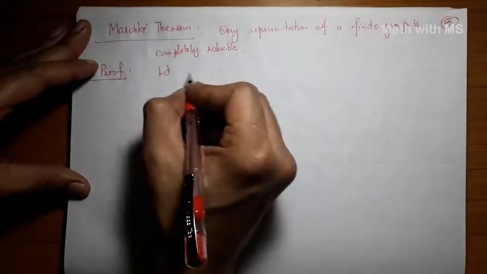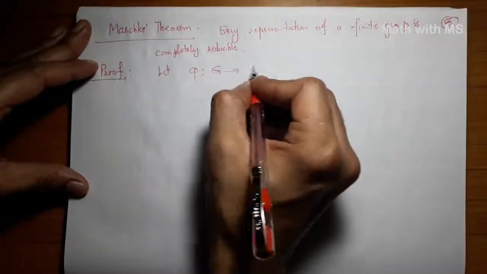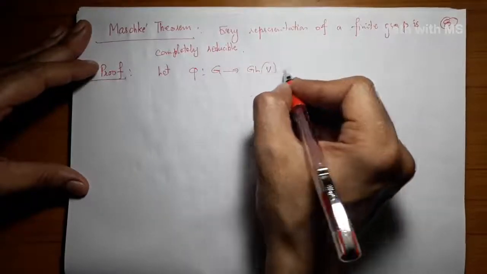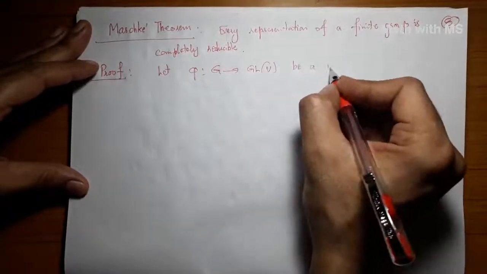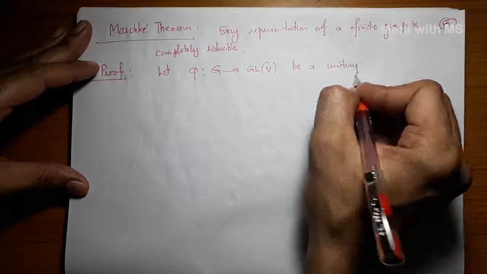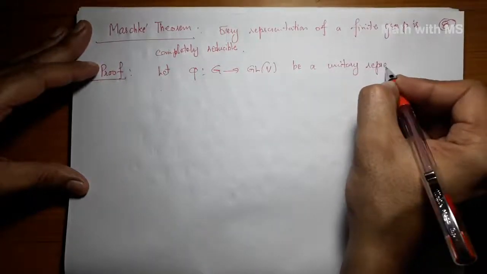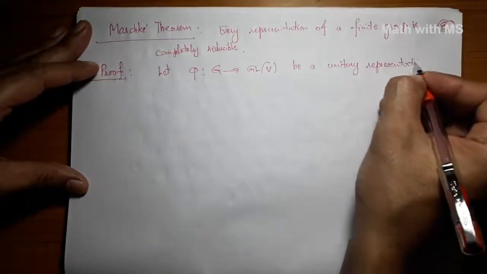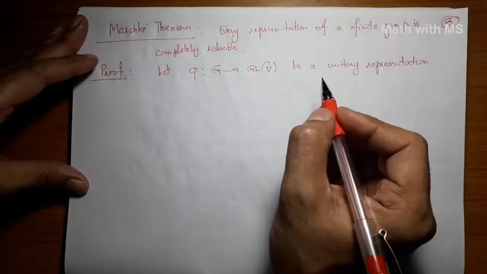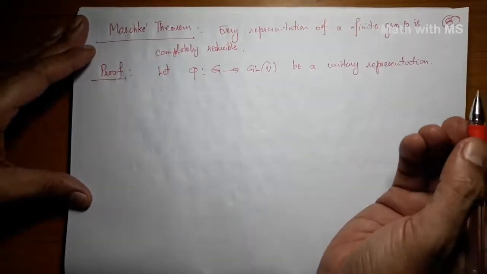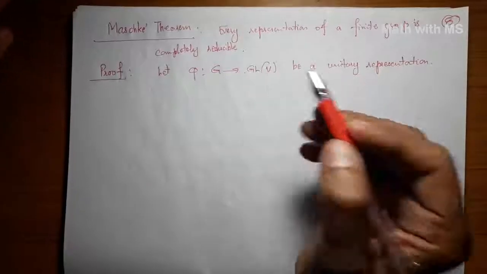So let phi from G to GL(V) be a unitary representation. Recall that we showed that every representation is equivalent to a unitary representation, and equivalent representations preserve complete reducibility.